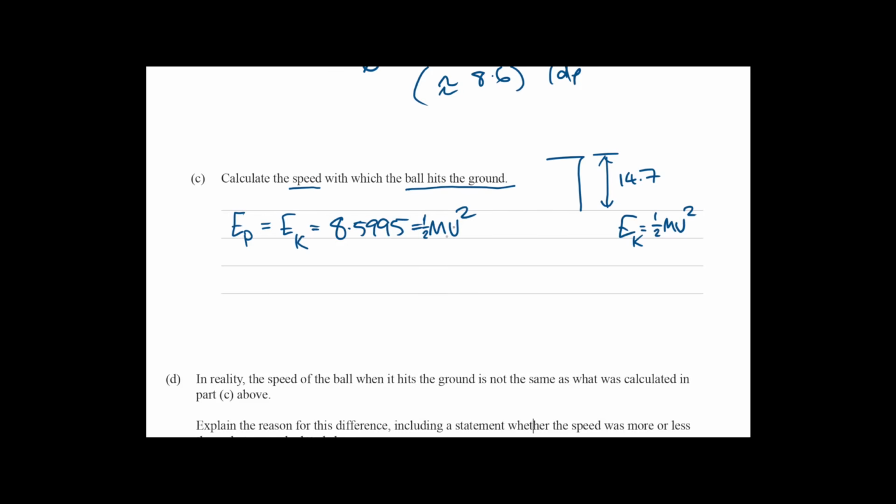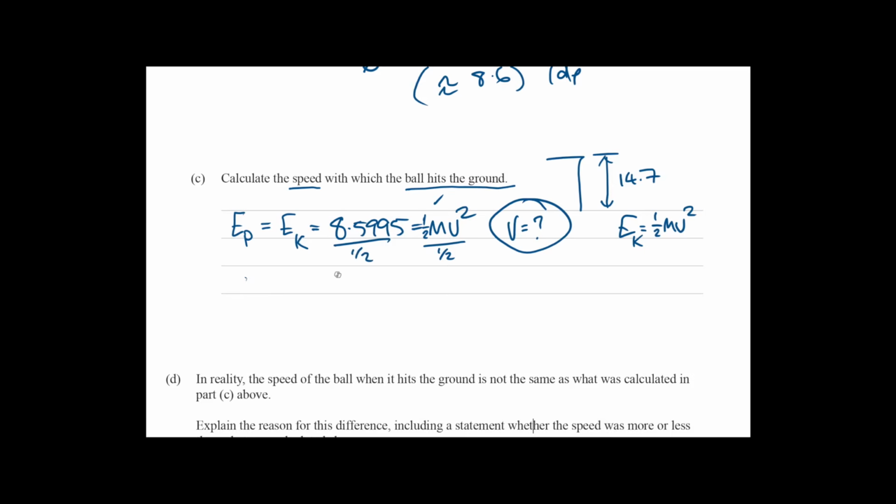So we know what m is, we obviously know what half is. The only thing we need to find is the velocity. We don't know what that's going to be, but we can find it pretty easily now. So let's divide both sides by half to get rid of that half.